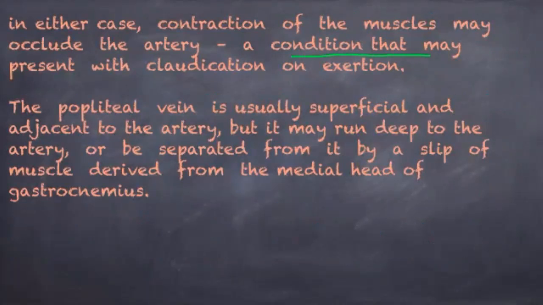So whenever it passes deep to the gastrocnemius or popliteus, whenever the muscle contracts, the artery occludes, right? And so the person develops pain, claudication on exertion. Claudication means pain with contraction of leg muscles. Usually smokers have that.